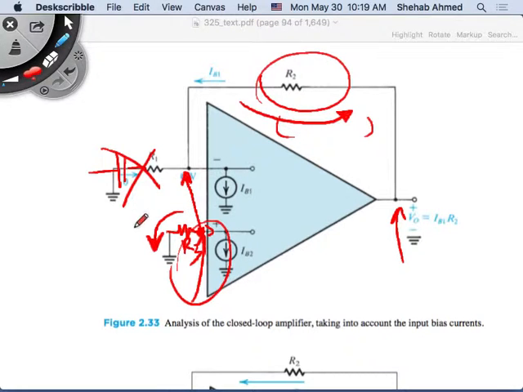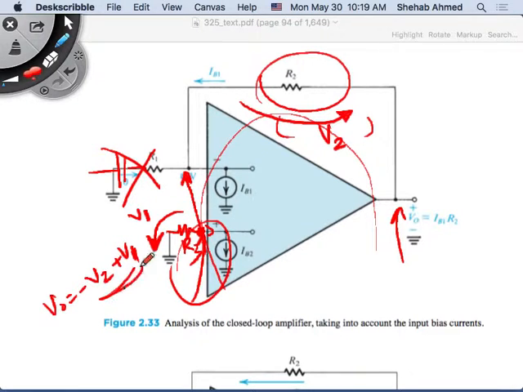If I make this voltage, V1, equal to voltage V2, then if I go around this loop, I see the output voltage is equal to minus V2 plus V1. If I make them equal to each other by proper selection of R3, which is what?